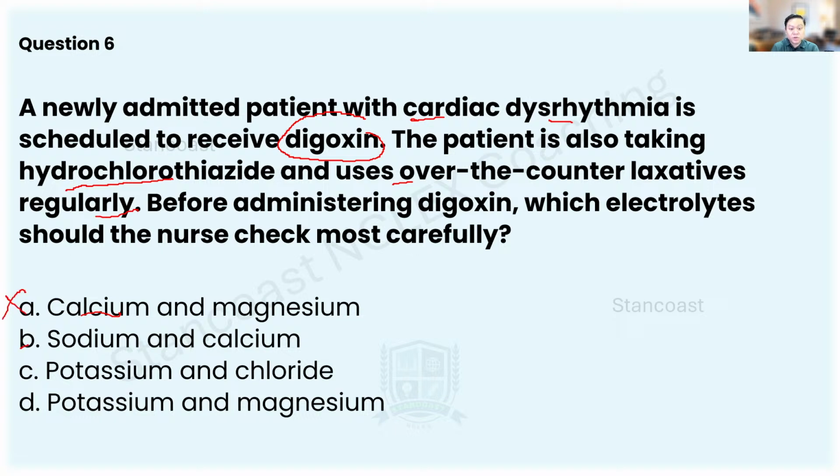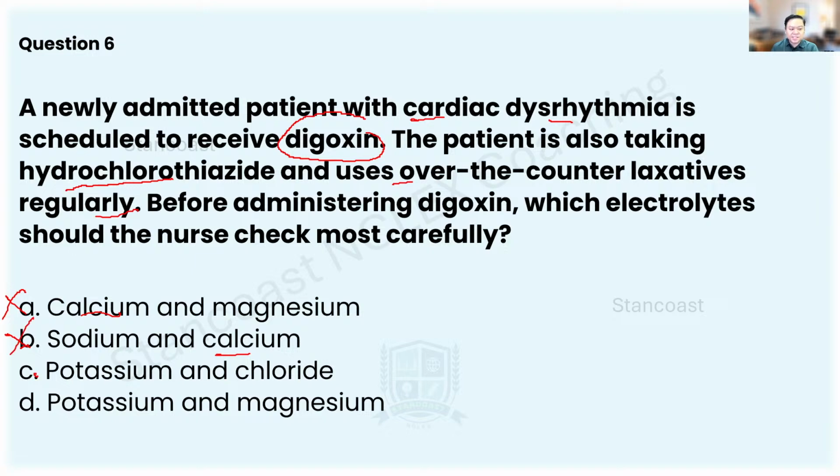What about sodium and calcium? We know that it is also important to check the sodium levels, but it does not significantly influence the effects of the digoxin. Even though the calcium has a role in the conduction, it is not really the immediate concern about digitalis toxicity.